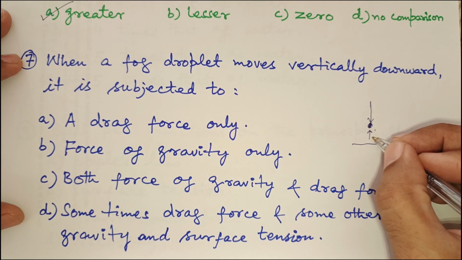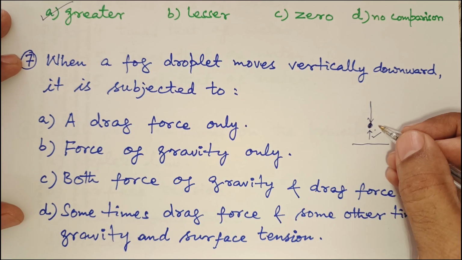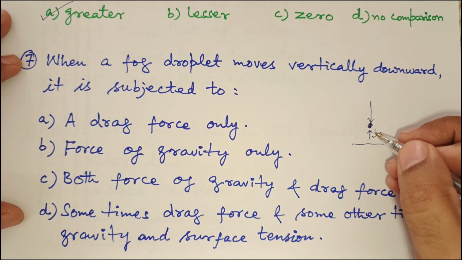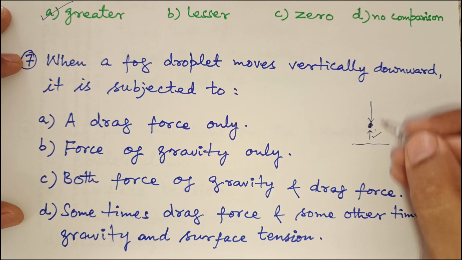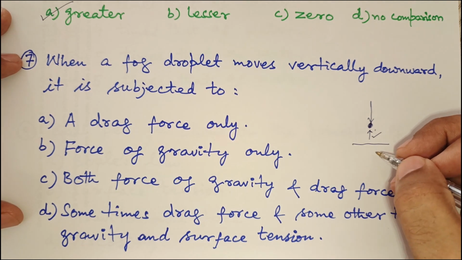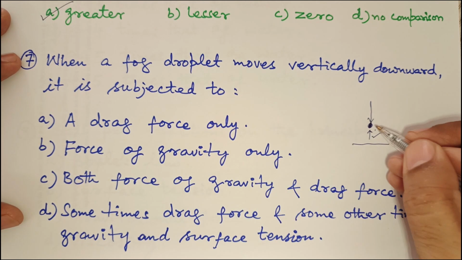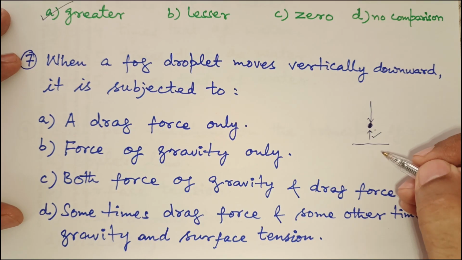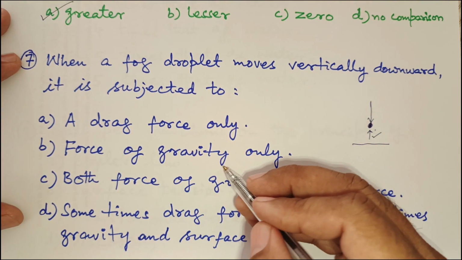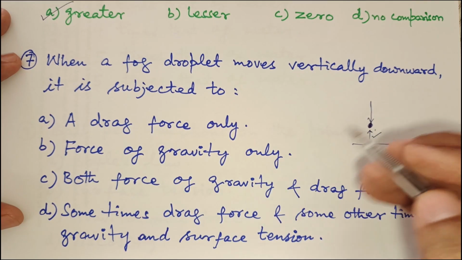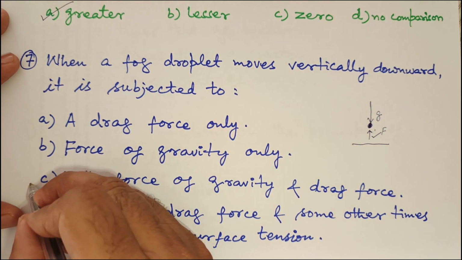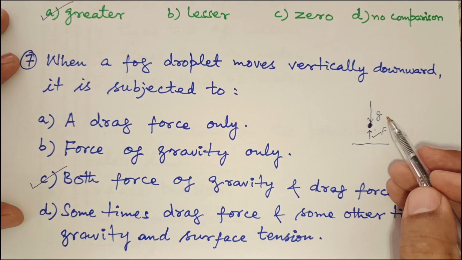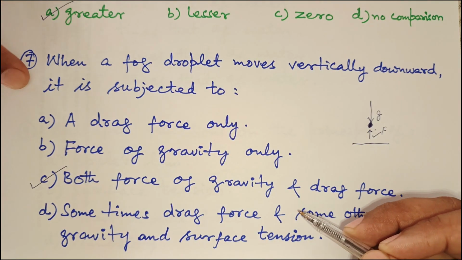Yes, this will act on the fog droplet because it acts on every object which falls from the atmosphere towards the ground. B, force of gravity only. We know that bodies move towards the earth due to the force of gravity, g. So C is the correct option: both drag force and gravity.